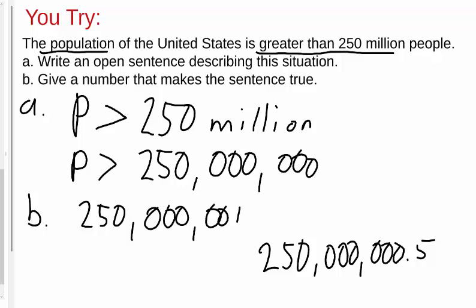So in this case, it would not be a good answer. It is true mathematically, yes, but for our problem, it's not a good answer. So be careful. Think about what makes reasonable sense.